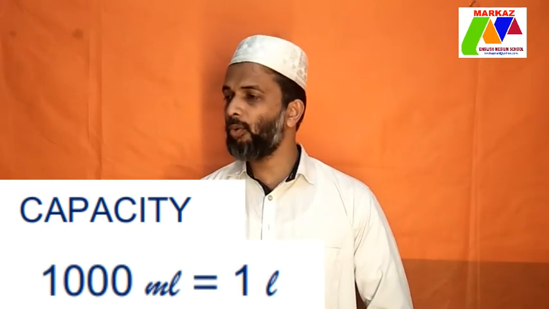We can convert liter into milliliter and milliliter into liter. To convert liter to milliliter, you have to multiply liter by thousand. Let us do one example. Write the heading capacity. Then write 1000 milliliter is equal to 1 liter.